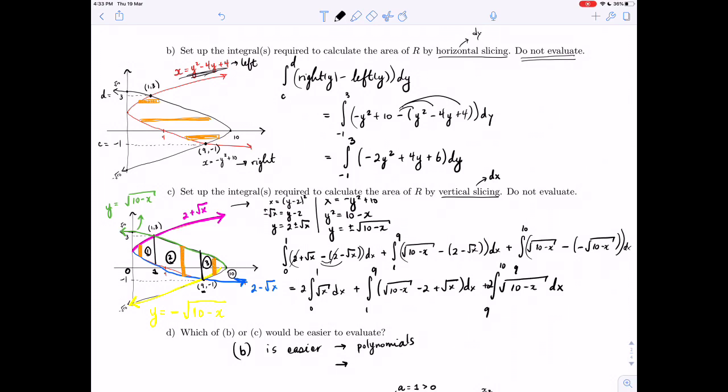And 2, there's only one integral instead of 3. And so clearly using horizontal slicing, although it's perfectly possible to find the area of this region by vertical slicing, the area calculated by horizontal slicing has some definite advantages.